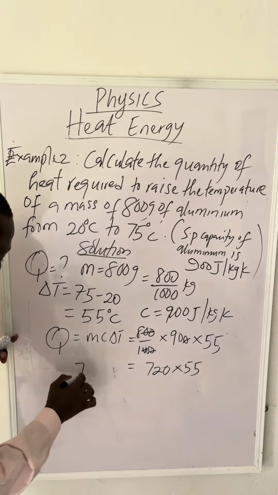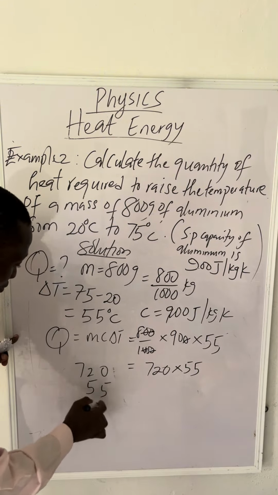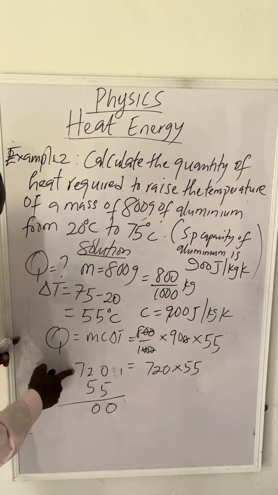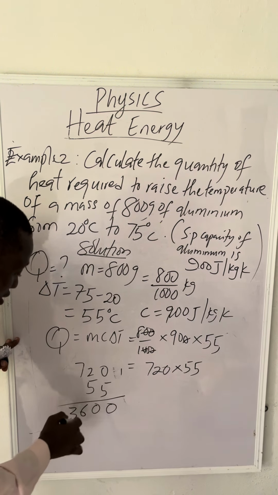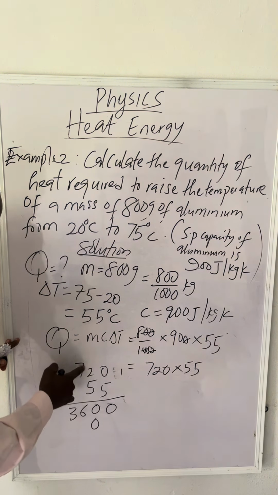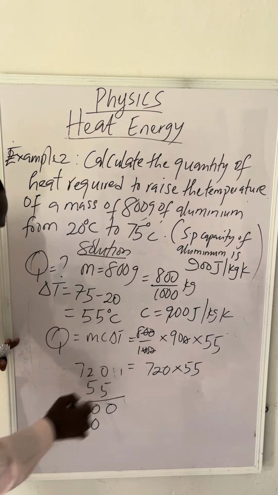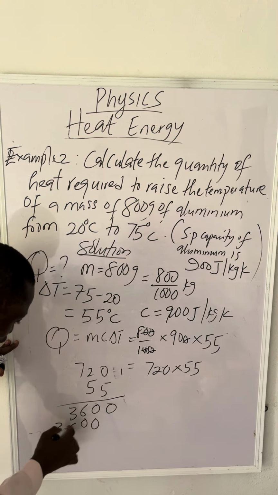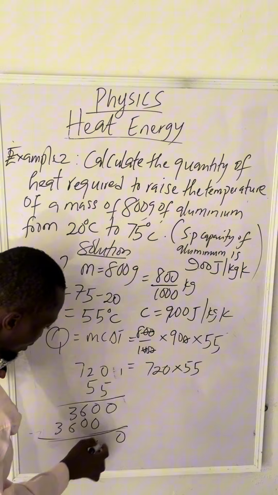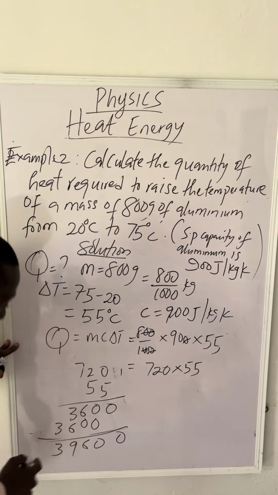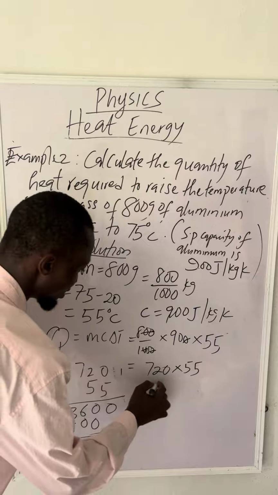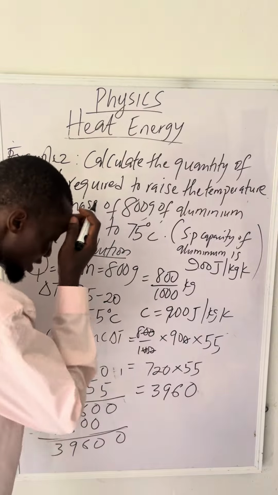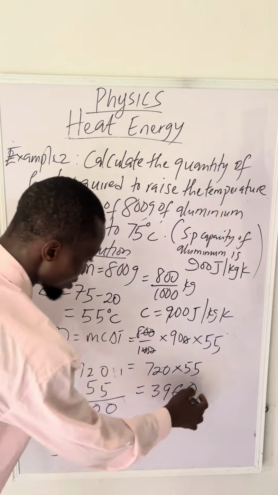Now I can decide to multiply this like this. 5 times 0 is going to give me 0. 5 times 2 is 10, so I write 0 and keep 1. 5 times 7 is 35 plus 1, that is 36, right? So I'm going to have 39600 joules.